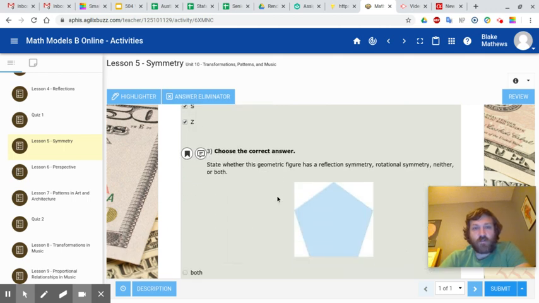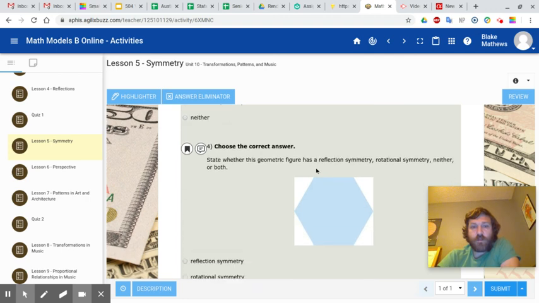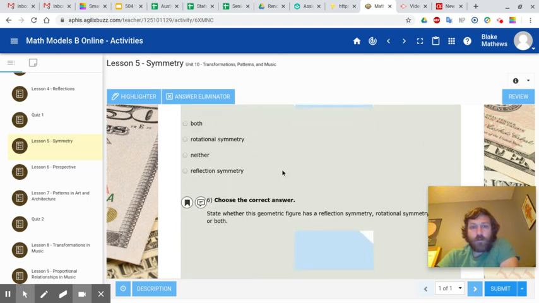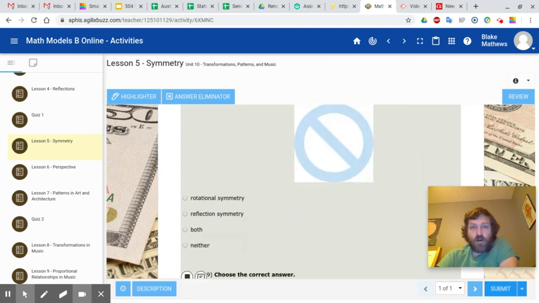So you're just answering some basic questions about this. Again, you need to answer, is this reflection symmetry, rotational symmetry, neither or both? You need to look at the definitions and decide, does it meet the definition of that type of symmetry? Same thing with number 4, number 5, number 6, 7. These are all the same idea.